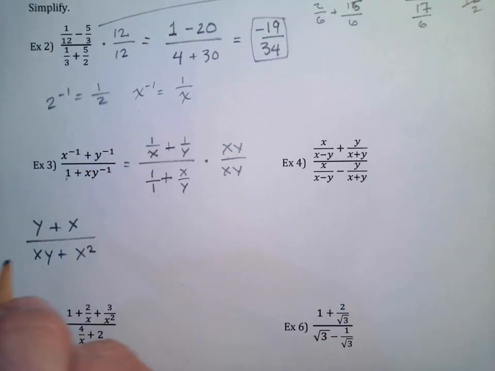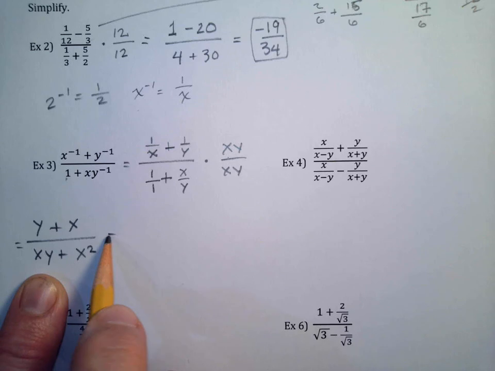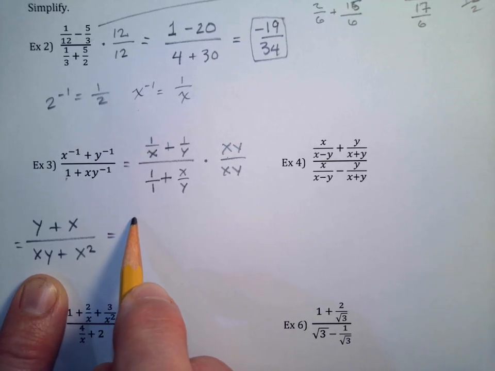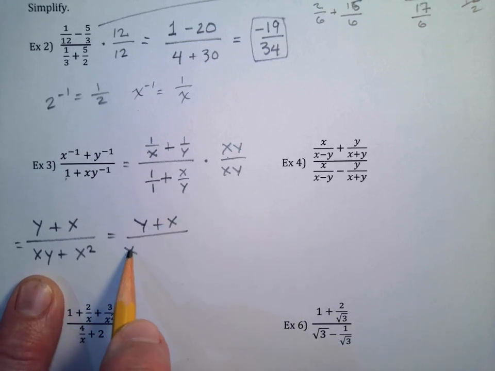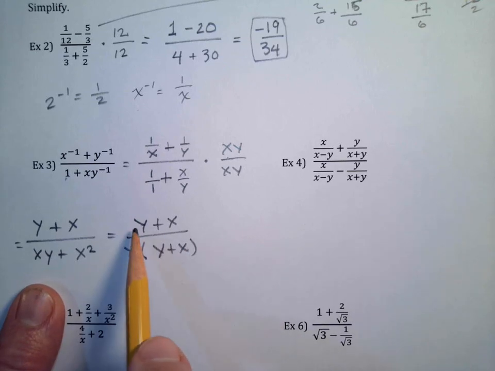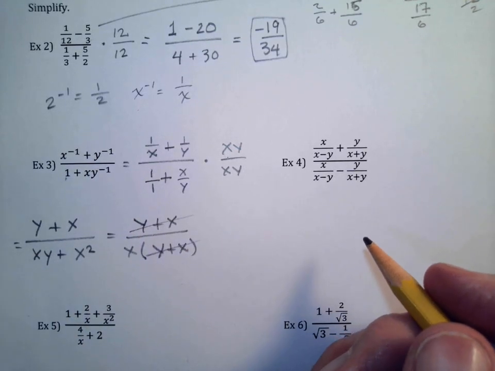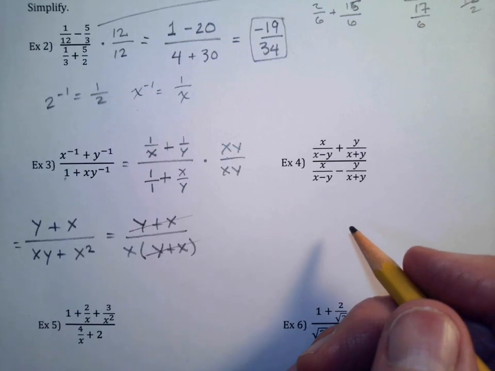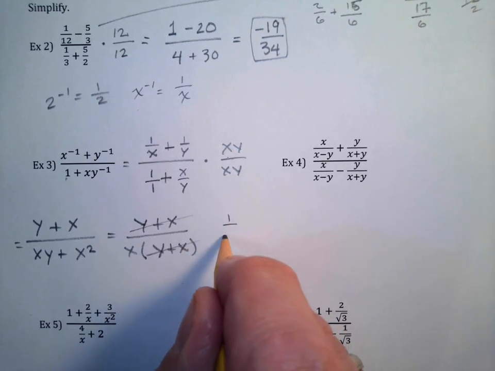All right, so that looks good. Only issue here is there is a common factor on the bottom, so y plus x on top, and then on the bottom I'm going to take an x out, and that leaves us with y plus x. So the y plus x's cancel, and this just leaves me with 1 over x.